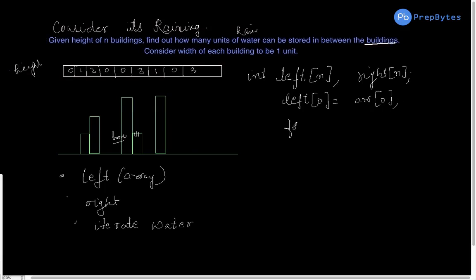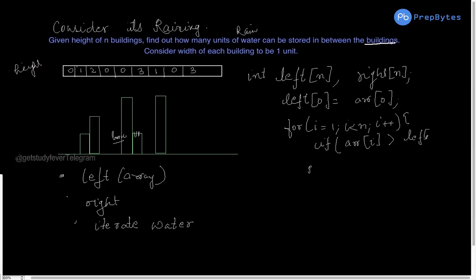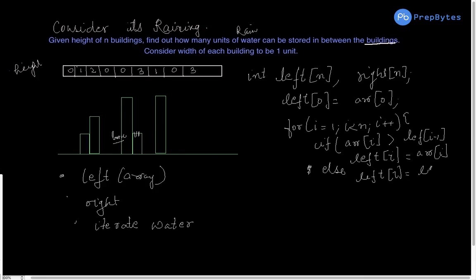Now I'll run a loop from i equal to 1 to i less than n, and for every i, we check if array of i is greater than left of i minus 1, then we update our left of i to array of i, else left of i is going to be left of i minus 1.